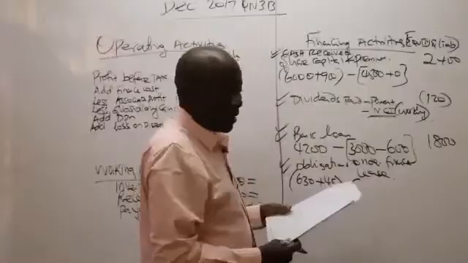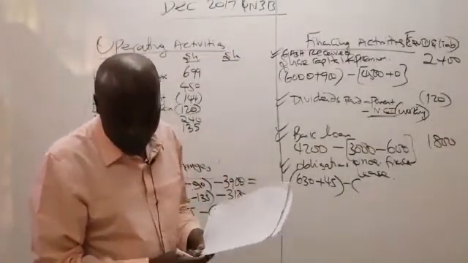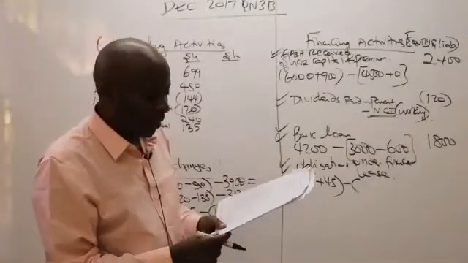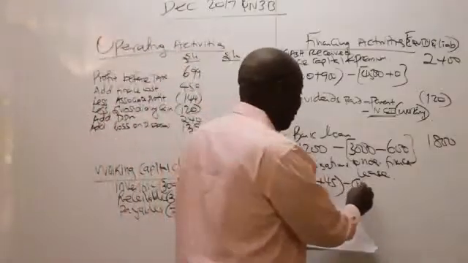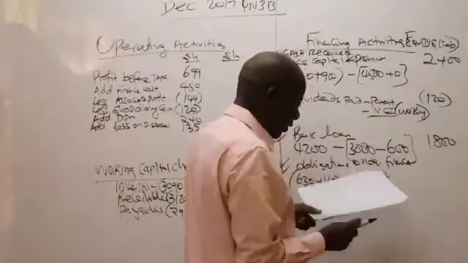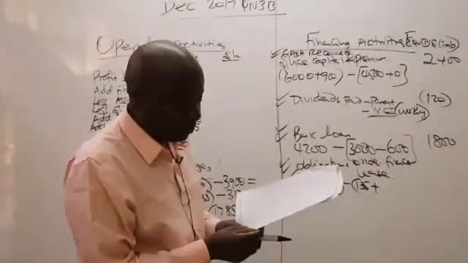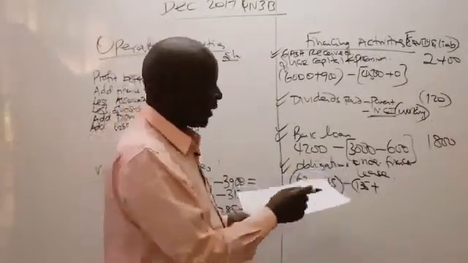Minus opening. Under opening, what are we able to see? Opening, we have 135. So 135 plus 30.